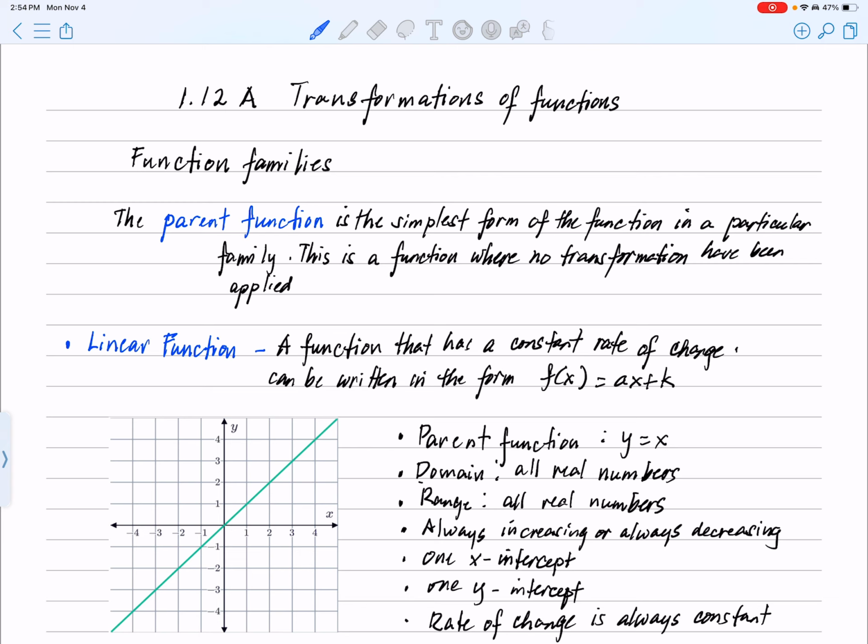The parent function is the simplest form of the function in a particular family. This is a function where no transformation has been applied or is taking place. No transformation, just the parent function.